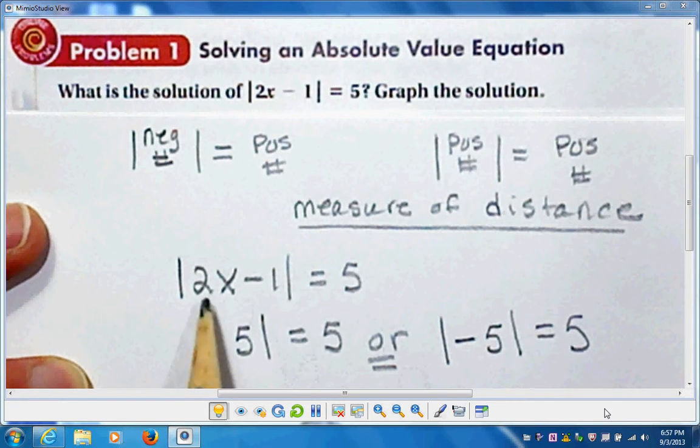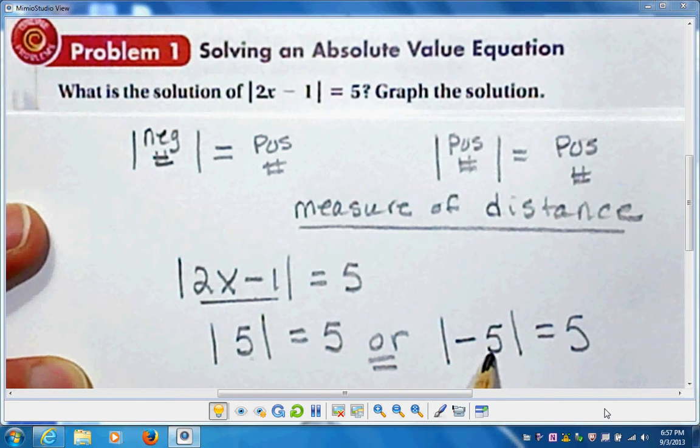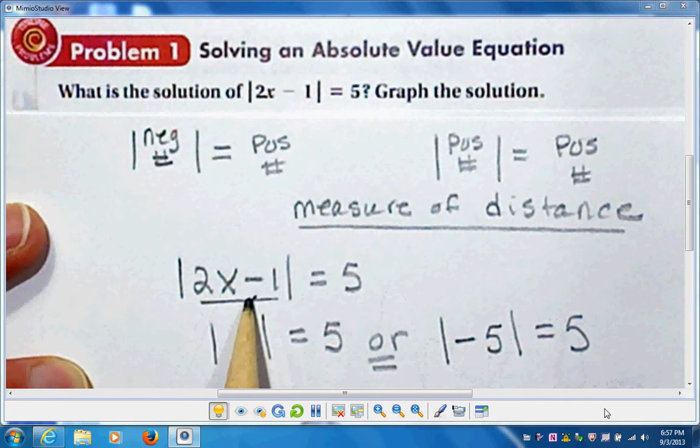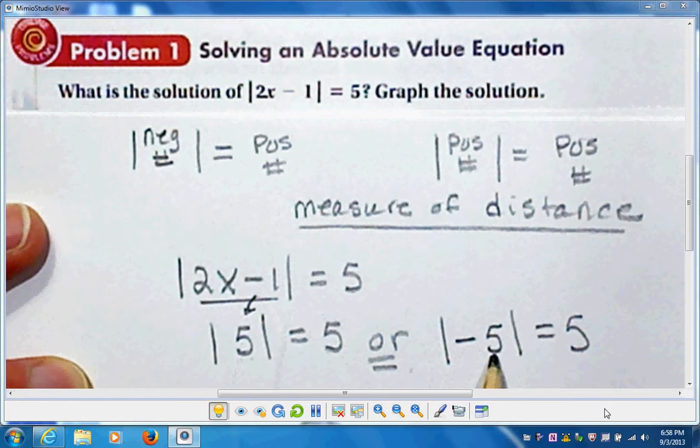So notice how what's inside can be a positive number, or what's inside could be a negative number. There's a couple ways that you can choose to solve this. 2x minus 1 could be the positive number 5, because the absolute value of 5 equals 5, or what's inside could be the negative 5, because negative 5 absolute value equals 5.